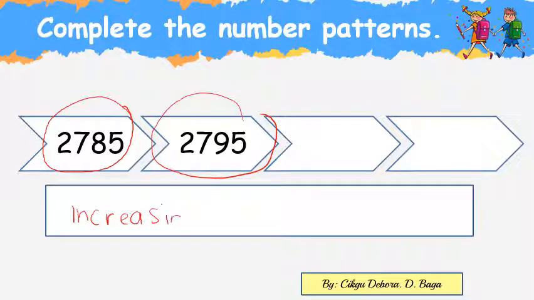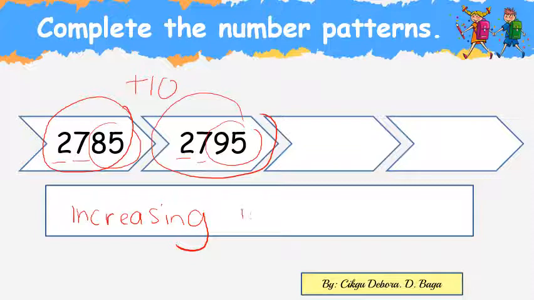So we already know the number is increasing. We need to know increasing by how many. You can see that in the thousand and hundred place value, the number is the same. The only change here is the number in tens. That means from 85 to 95, we need to plus 10. That means the number pattern here is increasing in tens.